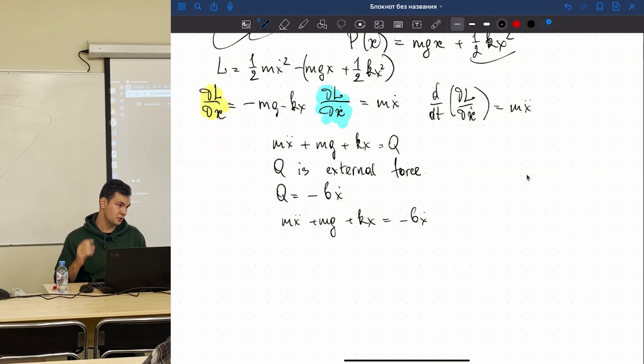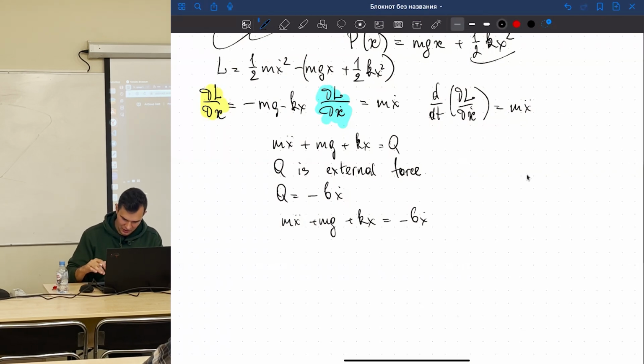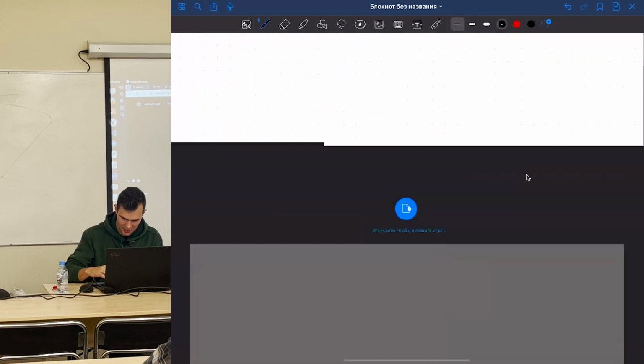A second order differential equation. And how do we solve it? I don't know what it's called, but I know how to solve it. Okay, let's go step by step.